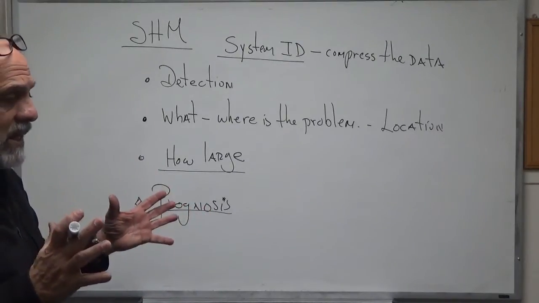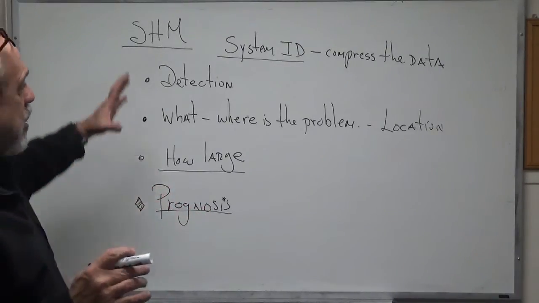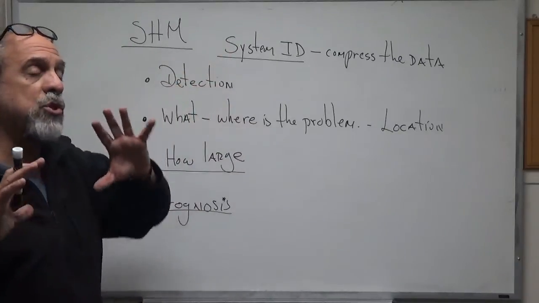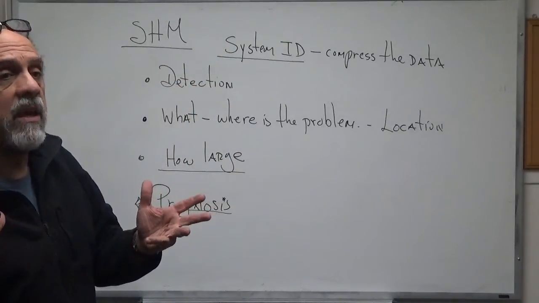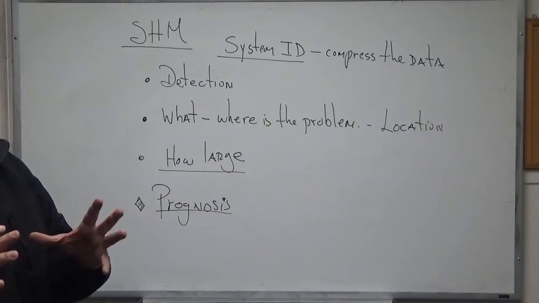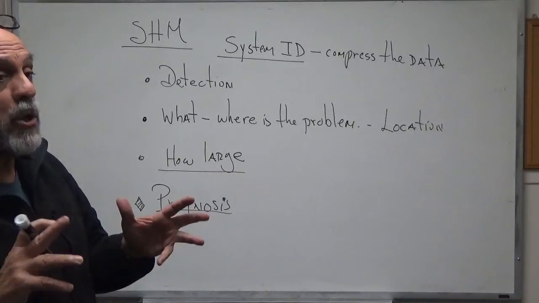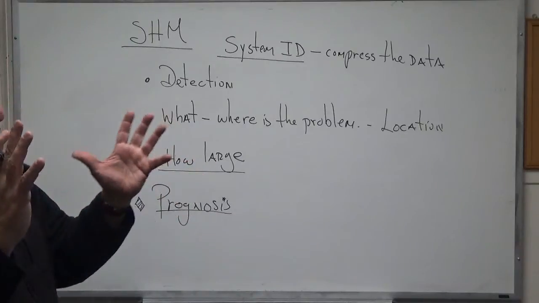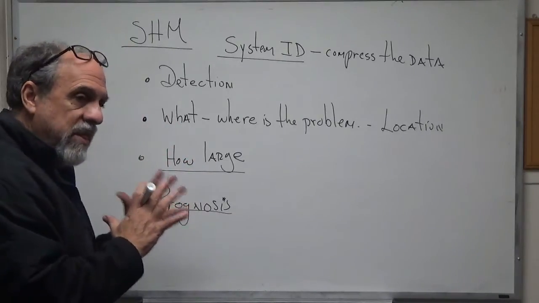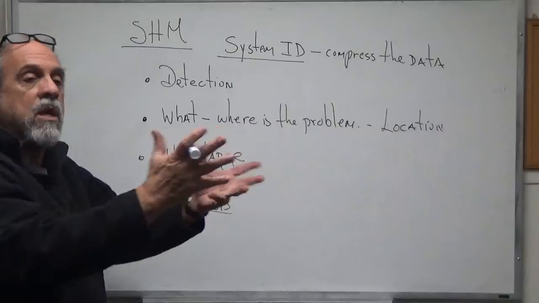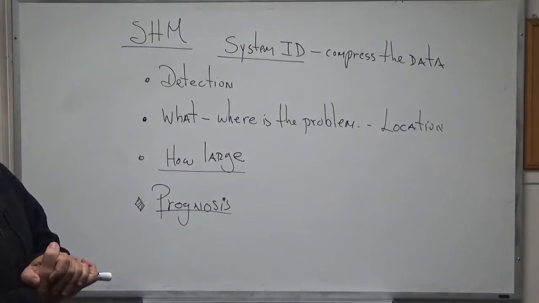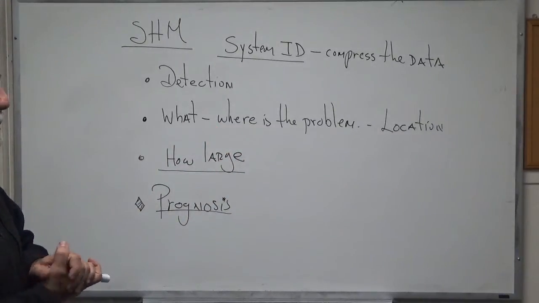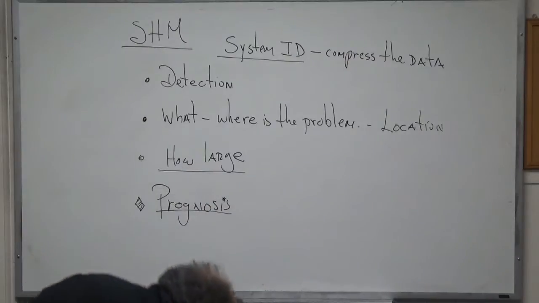Because all that matters in the end, structural health monitoring and system identification do not provide safety per se. They do not provide more reliability per se. They only provide information that, if appropriately used by someone able to make an intervention, would increase the safety or the reliability of the structure. Okay?